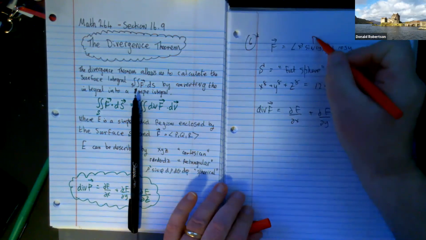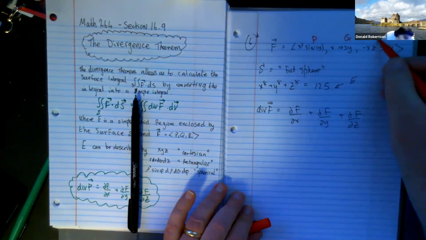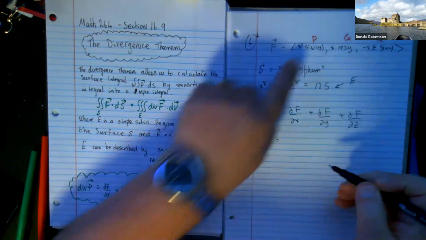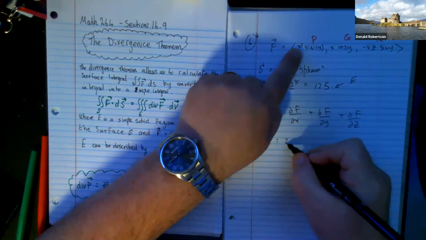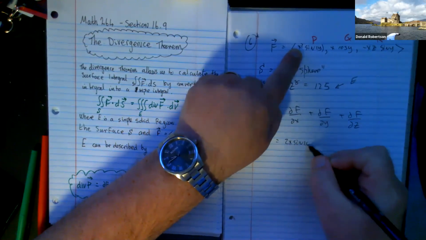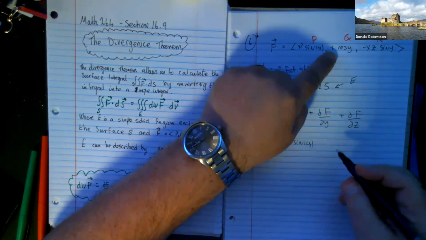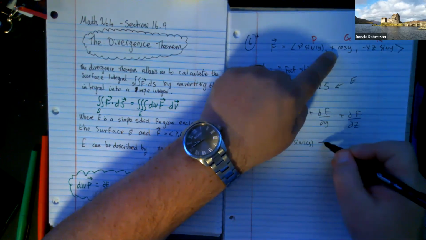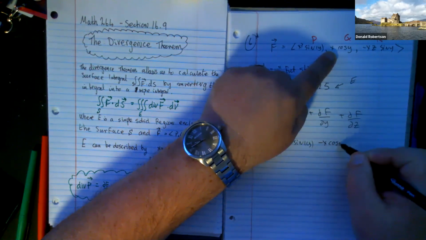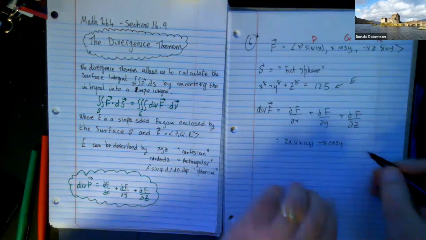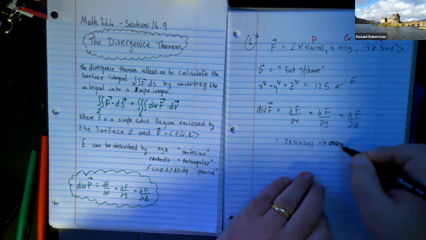This is P, this is Q, and this is R, right? If you differentiate this with respect to X, you get that. If you differentiate this with respect to Y, you get that.